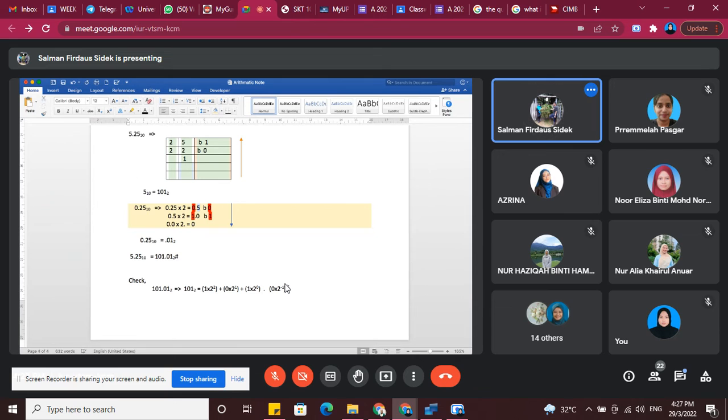Tambah dengan 1 kali 2 kuasa berapa? Ini 2 kuasa 1, ini 2 kuasa 2. 2 kuasa 2 adalah 4. Macam tu.